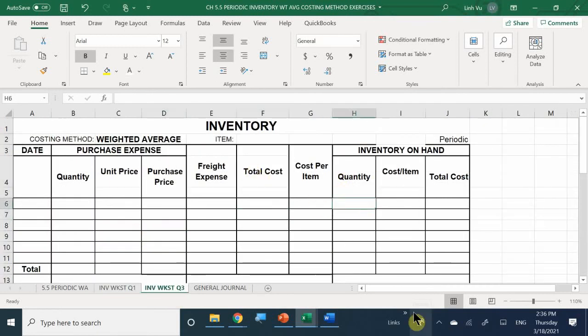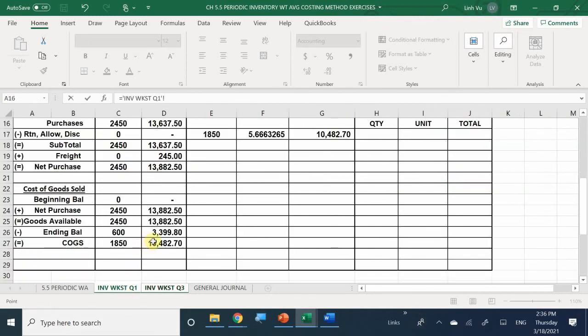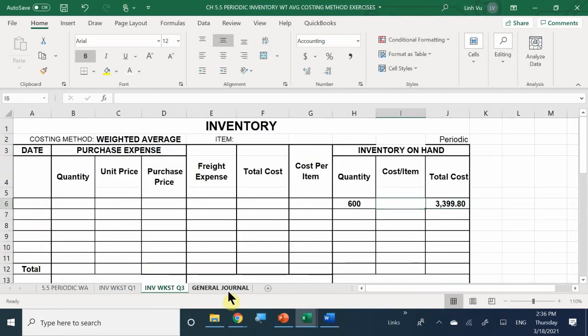So I have a total of 600 left, right? And it's going to cost me a grand total of, what was the grand total? $3,399.80. Right? Here, I want you to always calculate the average cost per item. Okay?